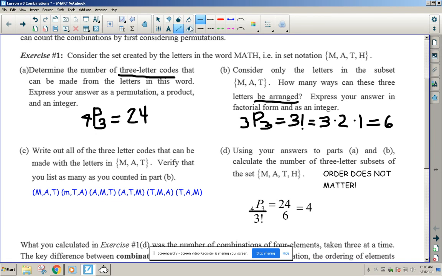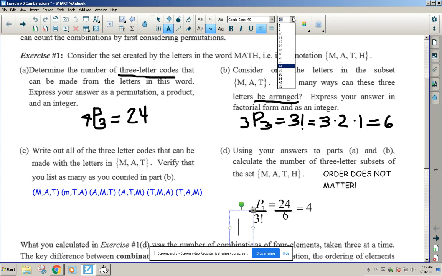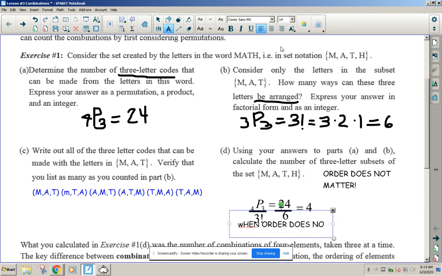I know it takes a little bit longer when I type, but I just think that if you need to go back on the video, you'll be able to read what it says better. So what this is saying now is that when order does not matter, there are 4 ways to shuffle these letters.